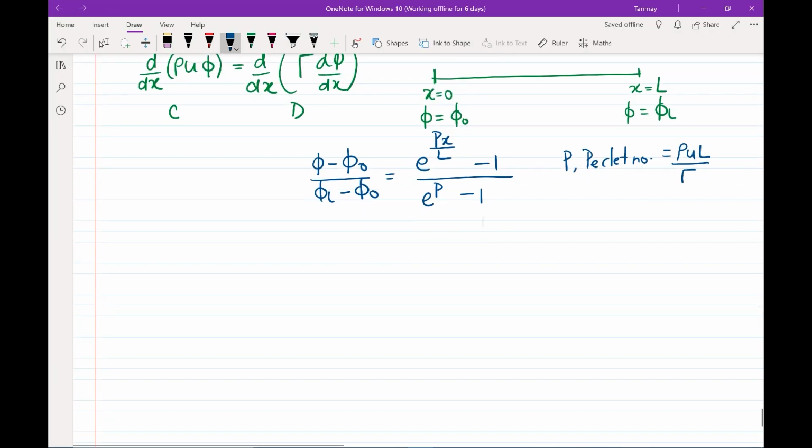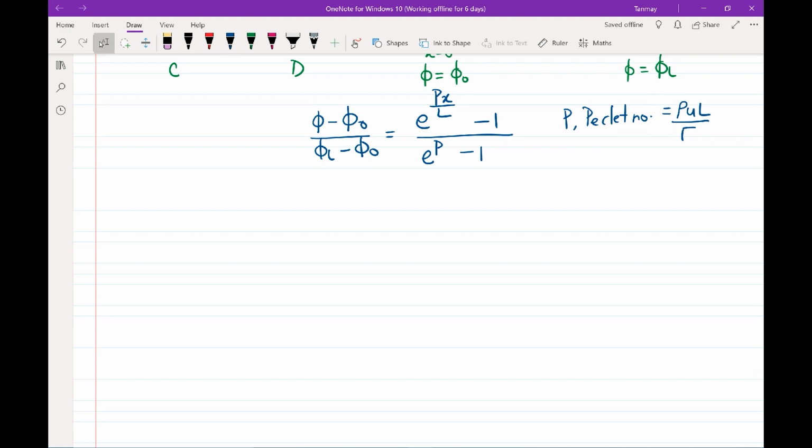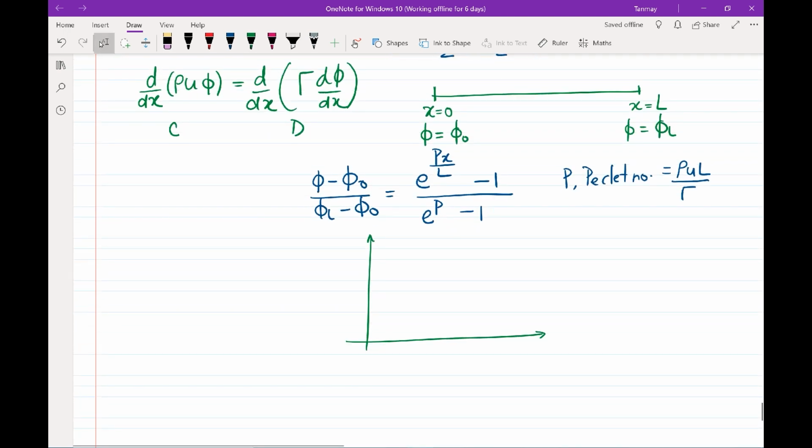So if we look at this particular equation, this particular solution, and if I want to show you the solution of this problem, at x equals 0, we have this on the x-axis and this as the phi axis.